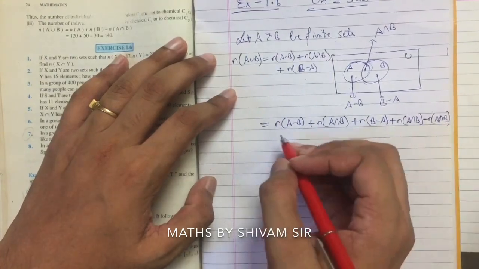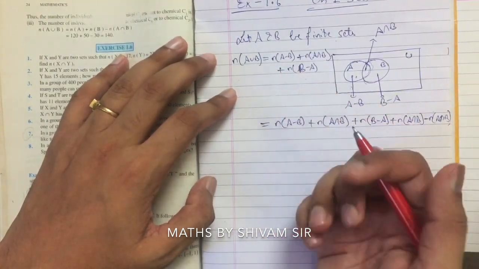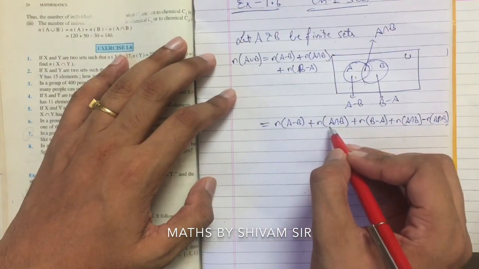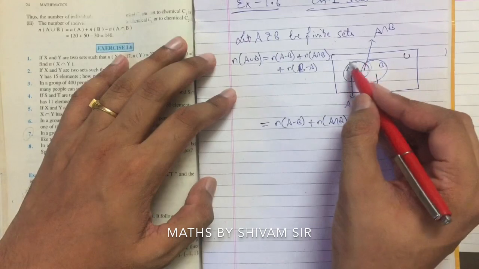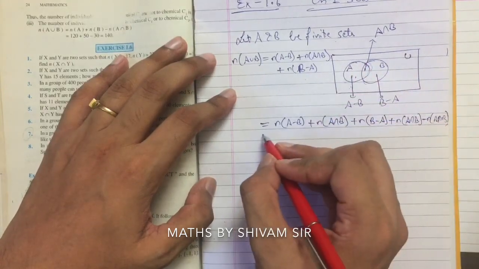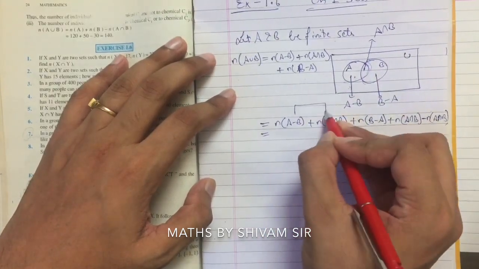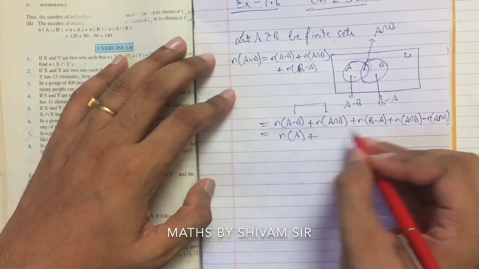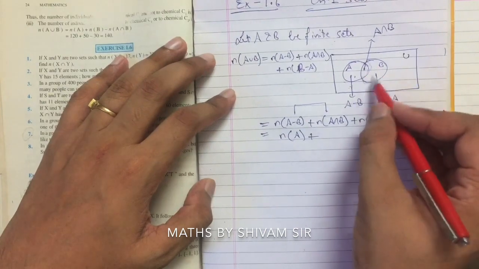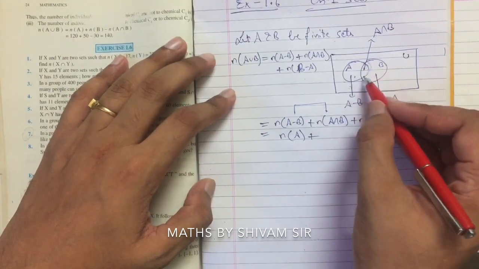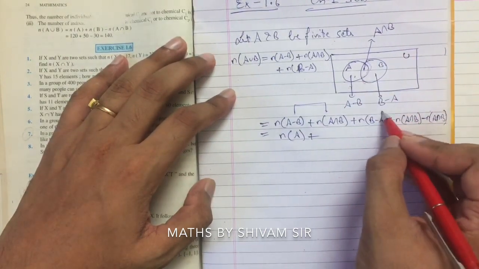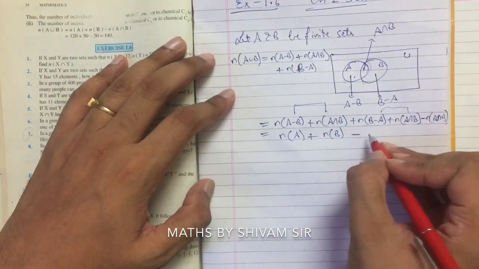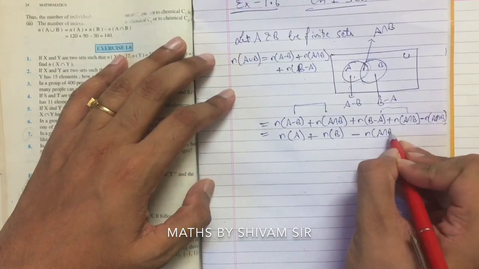Why are we doing so? In order to get a formula. The number of elements of A minus B plus the number of elements of A intersection B together make the set A. So together these will make the number of elements in A, plus the number of elements in B minus A plus the number of elements of A intersection B, which together make the number of elements of B, minus the number of elements of A intersection B as it is.